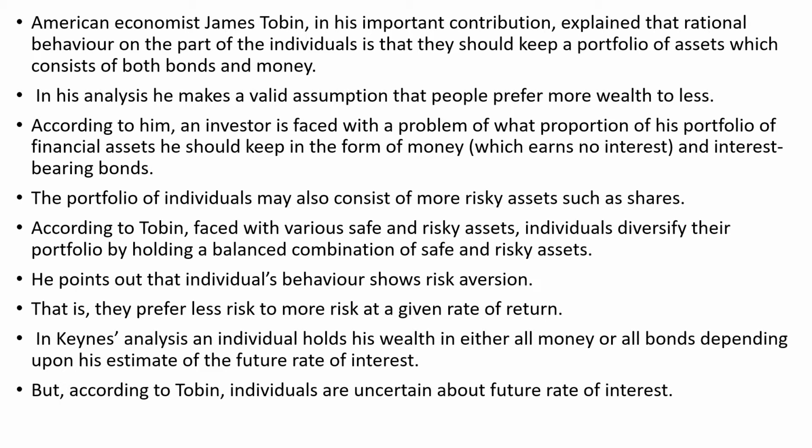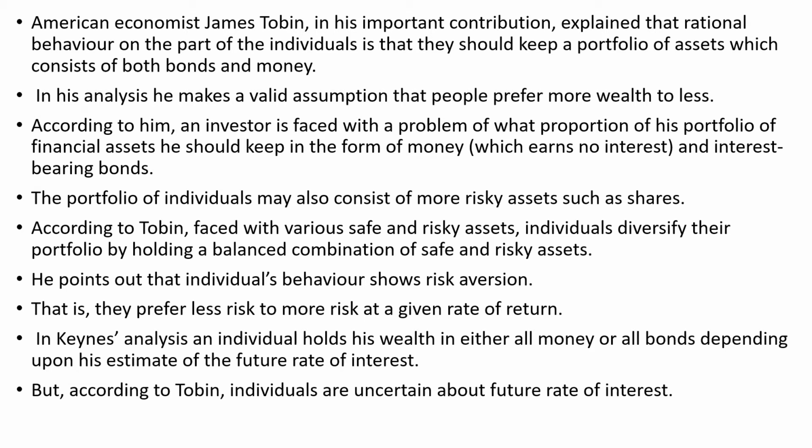He says that it is very important to take a decision on what portion of the portfolio to invest in financial assets like bonds, and in what proportion the portfolio should be kept in the form of money.